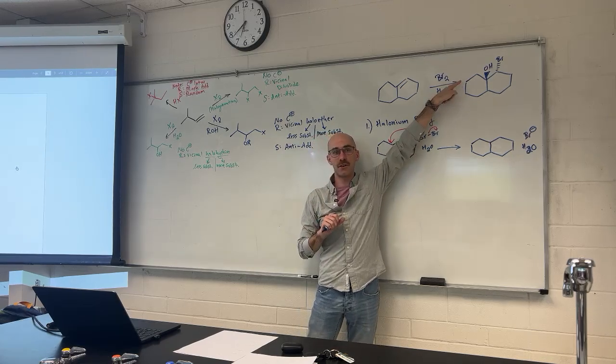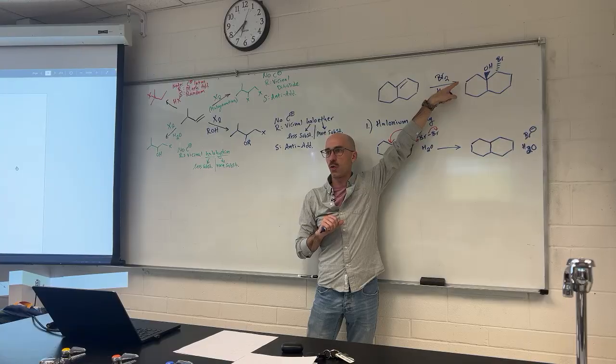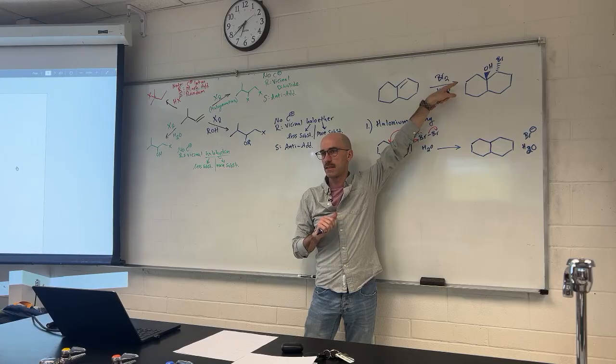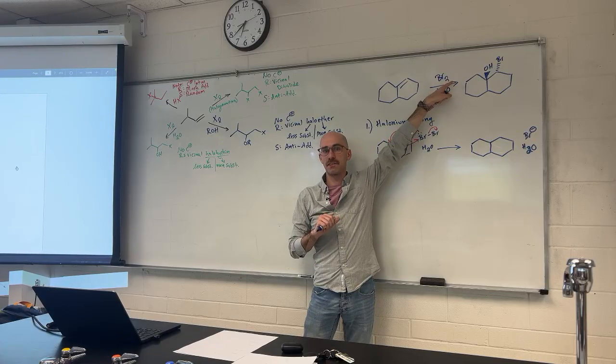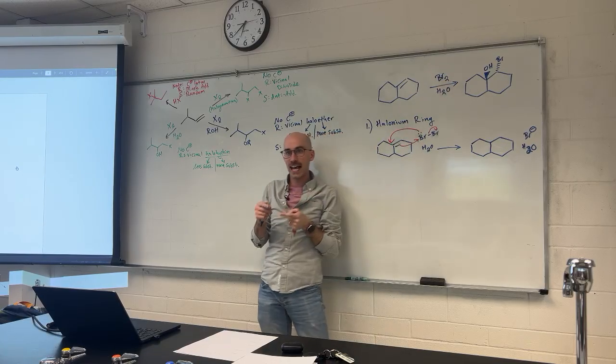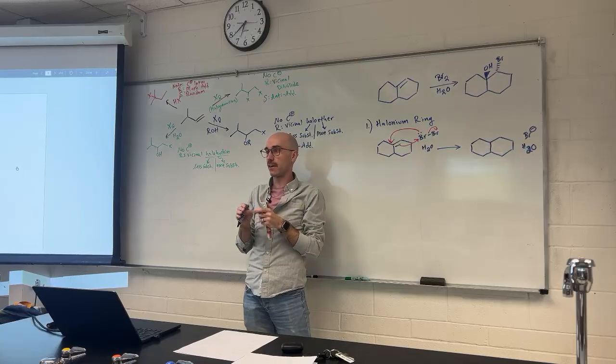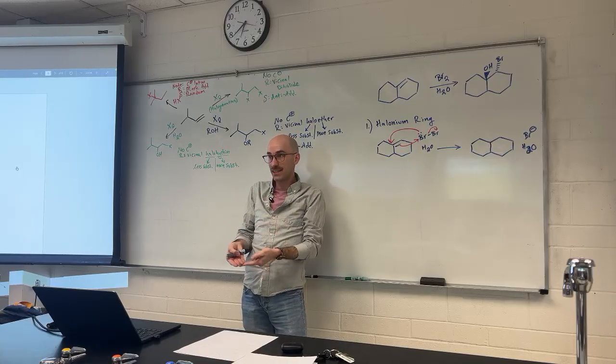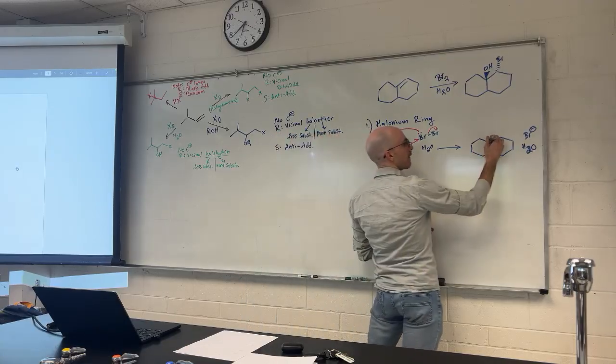If this is the stereoisomer I want to form, should I draw the bromine wedged or dashed in the bromonium ring? Dashed. This bromine is going to add on, and it's going to stay there. So I want it to stay dashed.